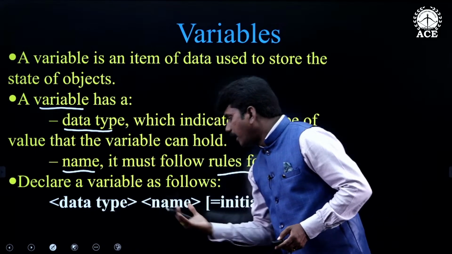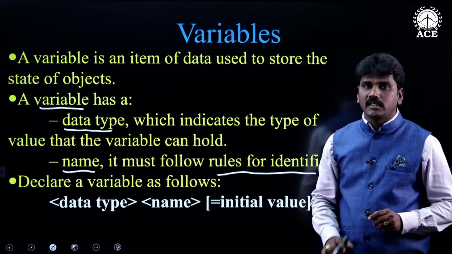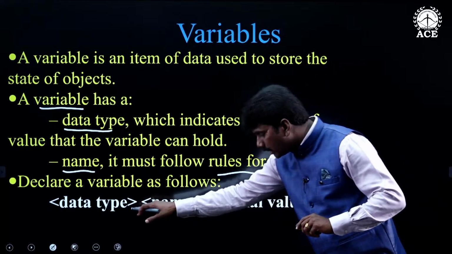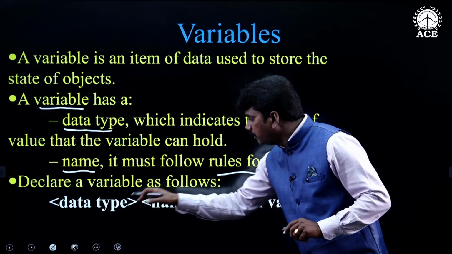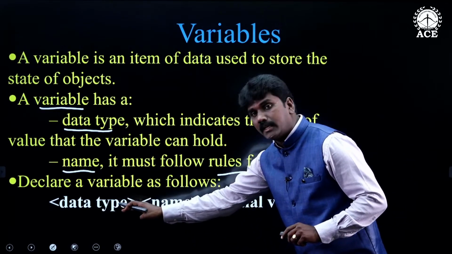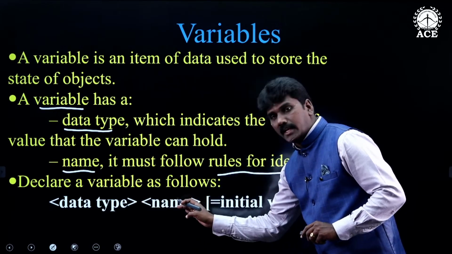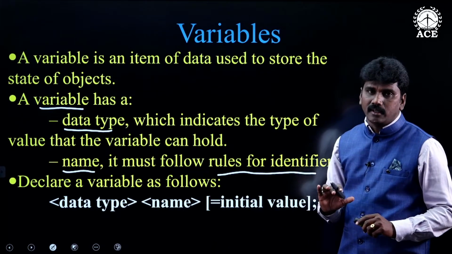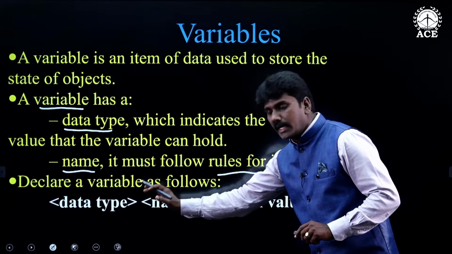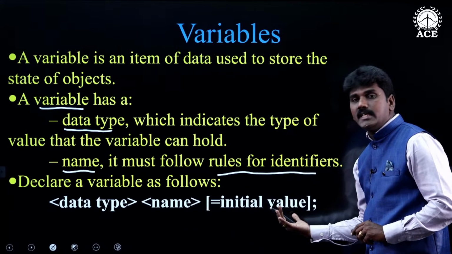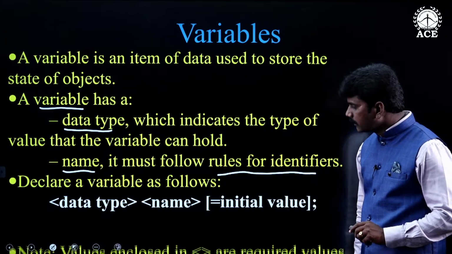Data type and name are both enclosed in angular brackets, saying that whatever is enclosed here should be available for the variable. Means the variable should contain the data type and the name. Whether the variable holds the initial value or not, the variable should contain the type and name. Those two are essential and this one is optional.